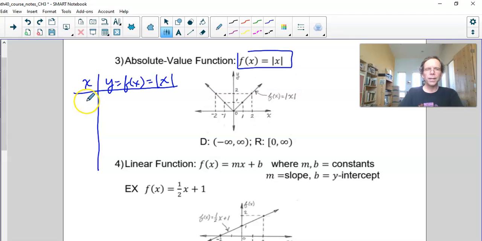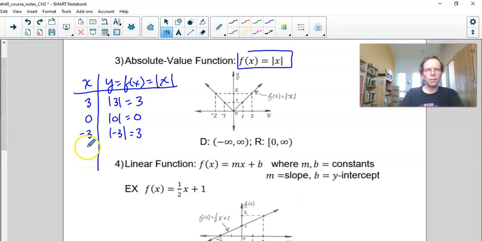So if we put in 3, the absolute value of 3 is 3. If we put in 0, the absolute value is 0. If we put in -3, now the absolute value is actually doing a little work here. We know we always get a positive value, right? So 3.